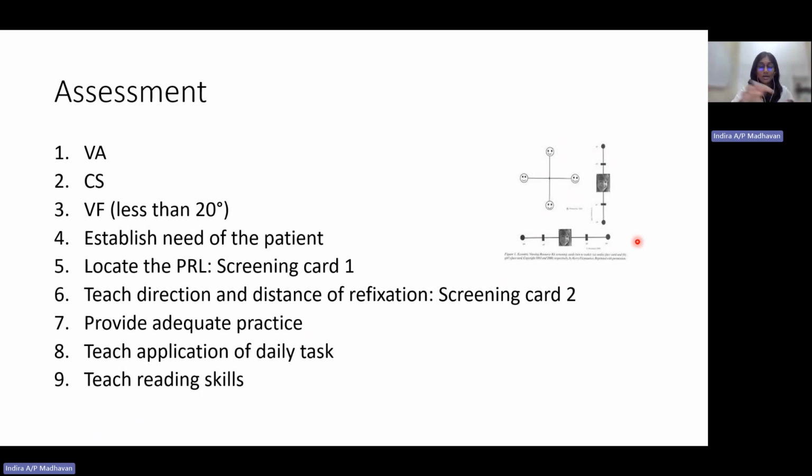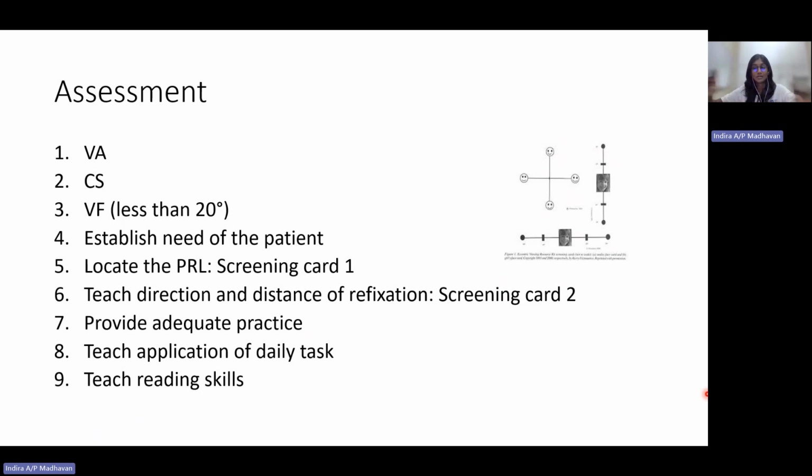Once they are already trained with this, they cannot be using this chart forever to determine the refixation, how much they have to move their eyes to see things clearly at the center using the center vision. If they move up to here, then here will be slightly clearer, and the patient is at least able to know certain things or features in here.